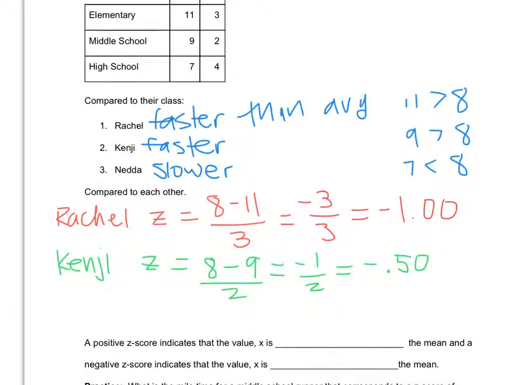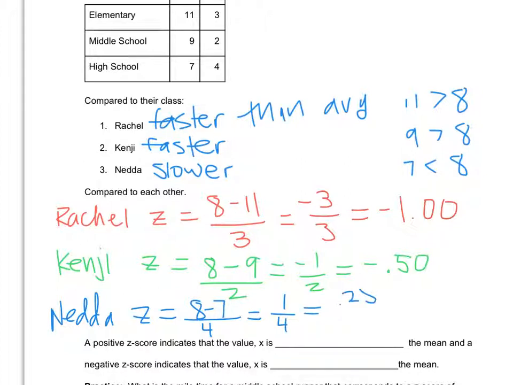So we get negative 0.5 for Kenji, negative 1 for Rachel, and now let's look at Netta. We get z equals time of 8 minus the mean of 7 divided by the standard deviation of 4. So we get a positive 1 over 4, so 0.25 would be the z-score.